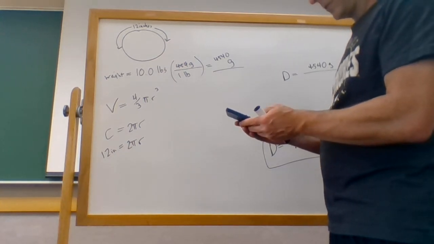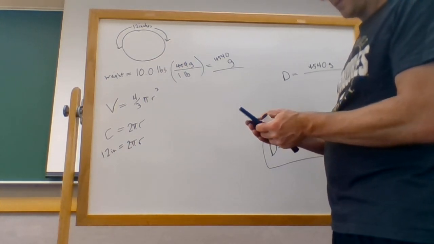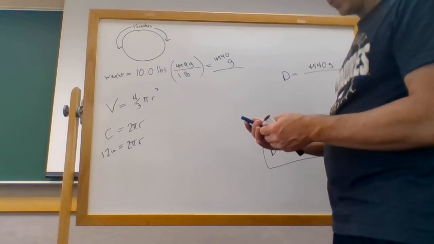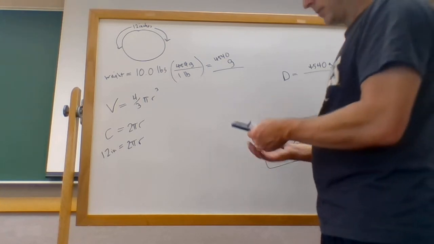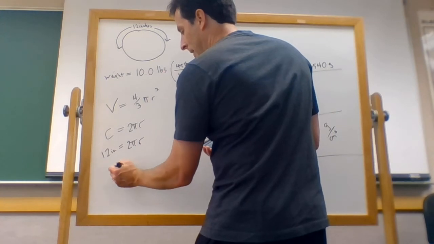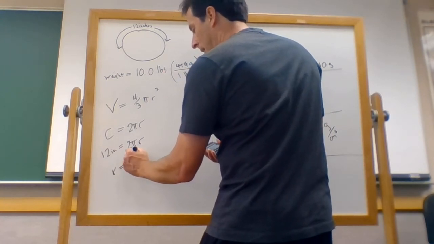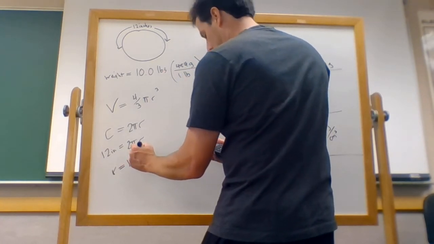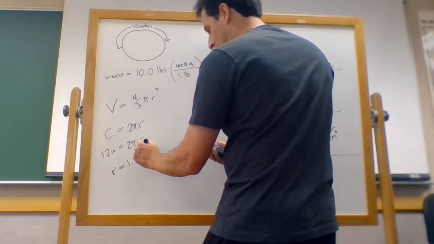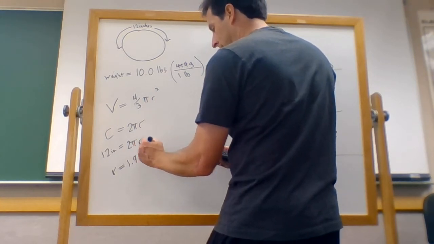So 12 divided by 2 and divided by pi gives me 1.9098. The radius equals 1.909, we'll call it 99 inches.